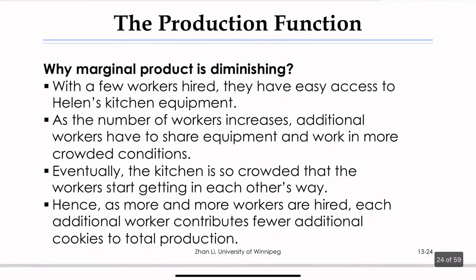Why do we have this kind of result? Why is marginal product decreasing as you increase the quantity of labor in the cookie factory example? Well, let's think about this in the context of this example. Remember our assumption here: we have assumed Helen's factory is fixed, right? This basically means the kitchen size of this cookie factory is fixed.